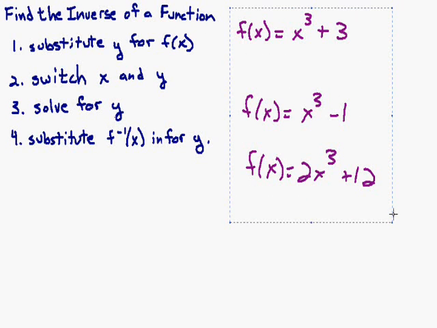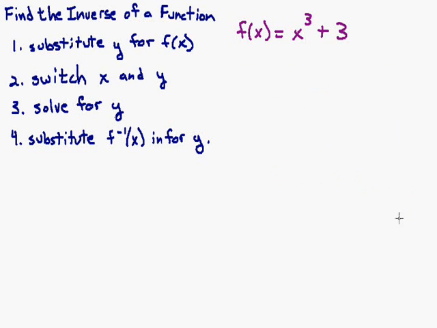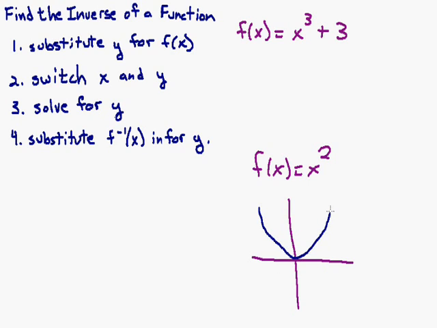If it has a squared in it, like f of x equals x squared, remember that graph is a parabola, and it goes like this through the origin. That graph is a function because it passes the vertical line test, but it's not a one-to-one function because it doesn't pass the horizontal line test.